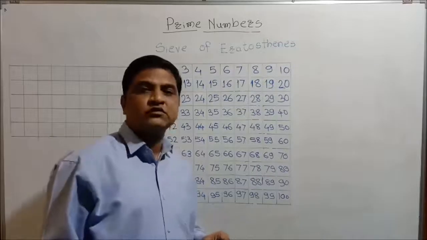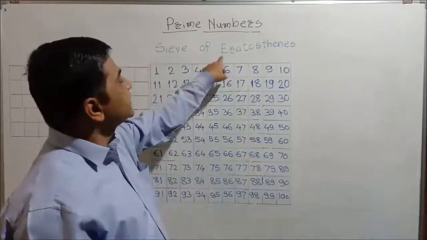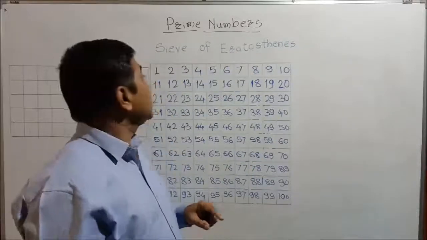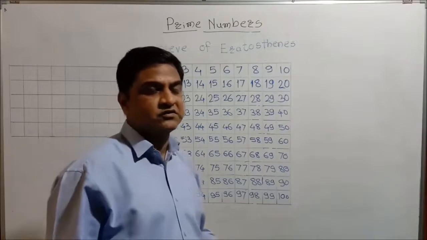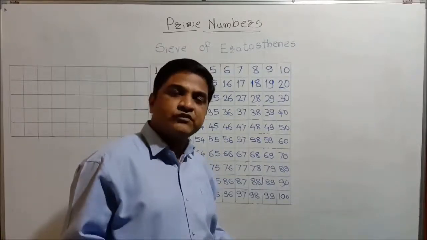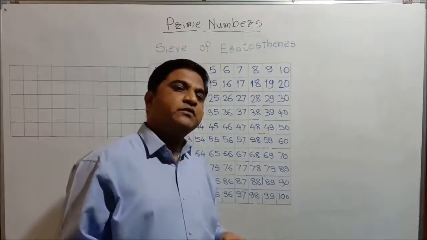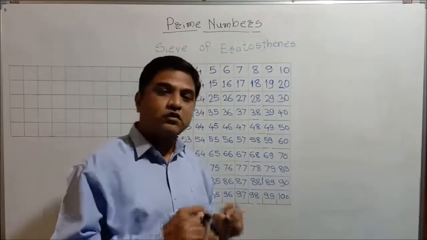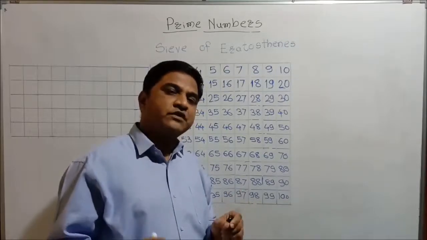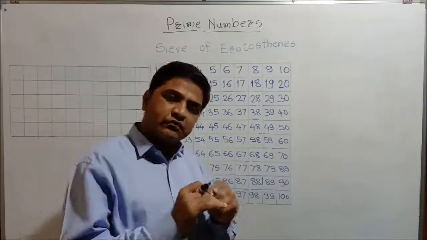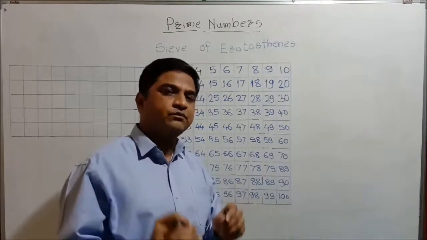Well, this method was proposed by a Greek mathematician known as Eratosthenes, and this method is known as the sieve of Eratosthenes. What is meant by sieve? Sieve means to separate out, a filter. So in this method, we are going to filter out all the prime numbers. This method is basically based on removing all the composite numbers and keeping all the prime numbers.